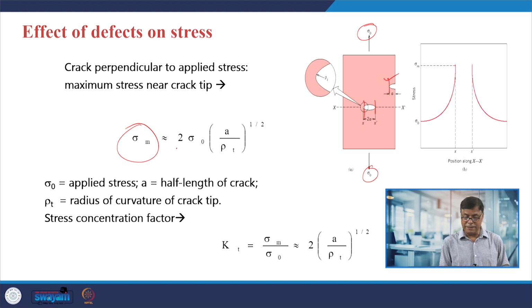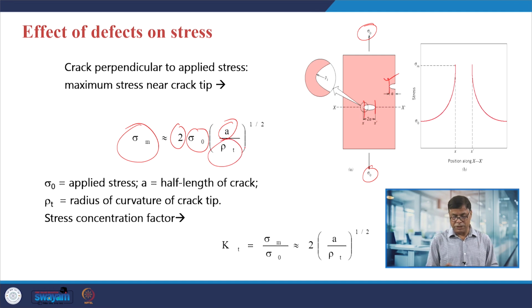That is what we can see here: twice sigma naught, the nominal stress, times the square root of A, the size of defect, divided by the square root of rho t. So the maximum stress will be proportional to the defect size. Greater the defect size, greater will be the maximum stress, and it is inversely proportional to the square root of rho t.